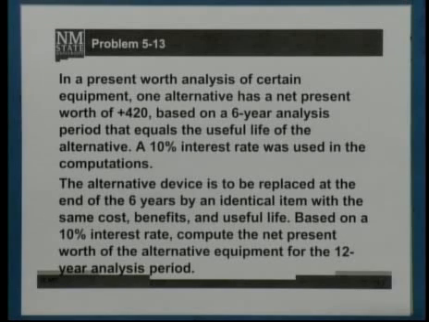A 10% interest rate was used in the computation. The alternative device is to be replaced at the end of the 6 years by an identical item with the same cost, benefits, and useful life. Based on a 10% interest rate, compute the net present worth of the alternative equipment for the 12-year analysis period.